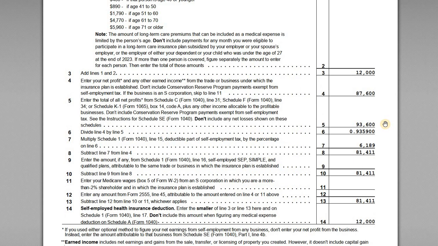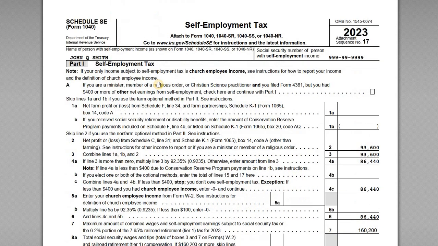On line 5, you do consolidate all those items now. So we've got the $87,600 plus $6,000 in net profit from Schedule C, which gives us a total of $93,600 in net profits from all of those self-employed trades or businesses. And so that number reconciles with what we have on the Schedule SE.